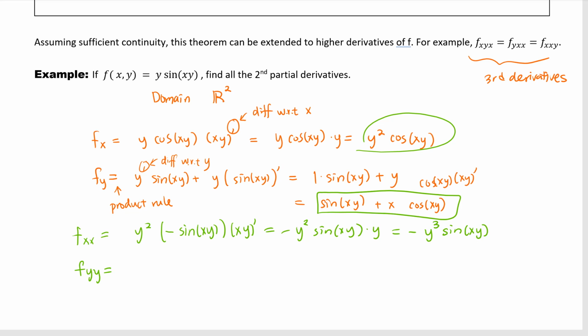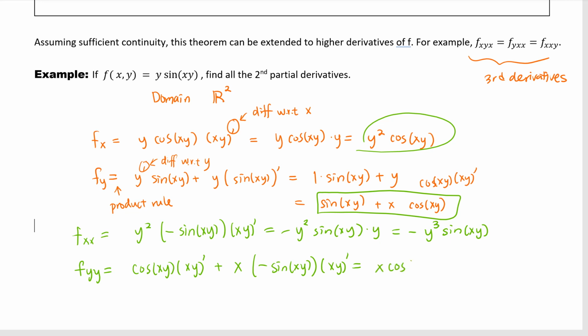The derivative of sine is cosine xy, but with the chain rule, we have (xy)'. x is just a constant, so it stays there. The derivative of cosine is minus sine, and because of the chain rule, we also have (xy)'. But because we are taking the derivative with respect to y, the derivative of y is 1, so this guy is just x.